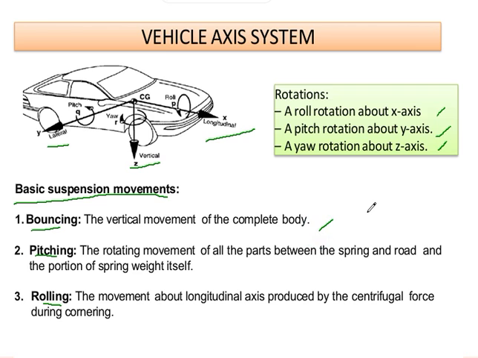What is bouncing? The vertical movement of the complete body. Pitching is the rotating movement of all parts between the spring and rod and the portion of spring weight itself. Rolling is the movement about longitudinal axis produced by the centrifugal force during cornering.